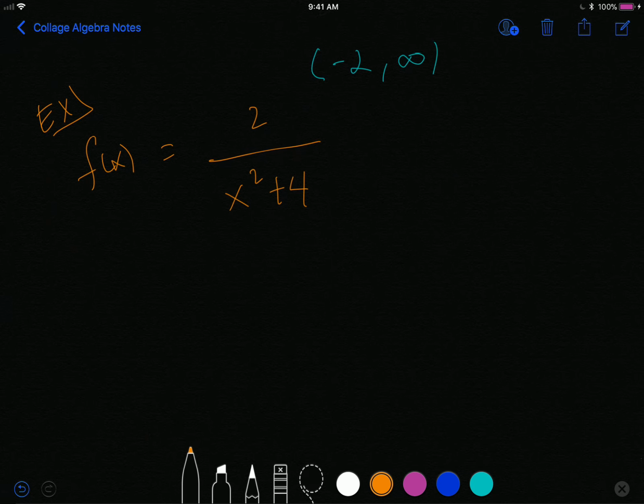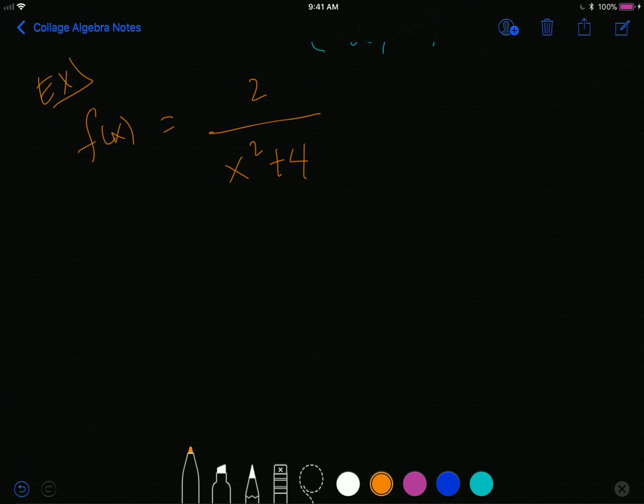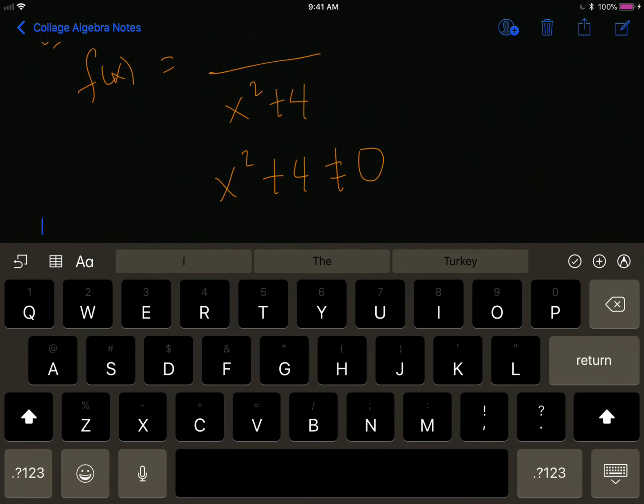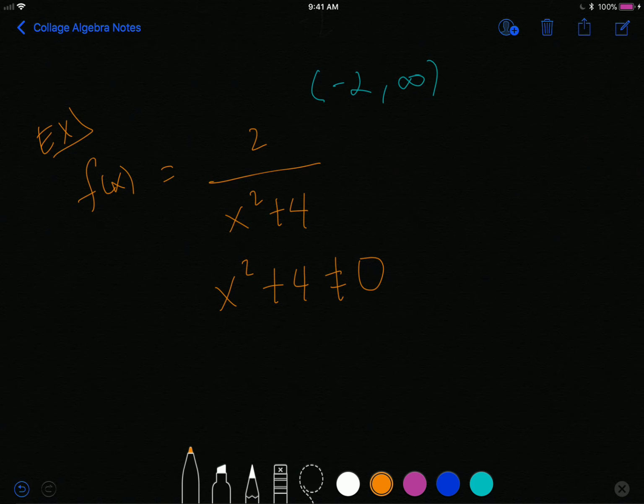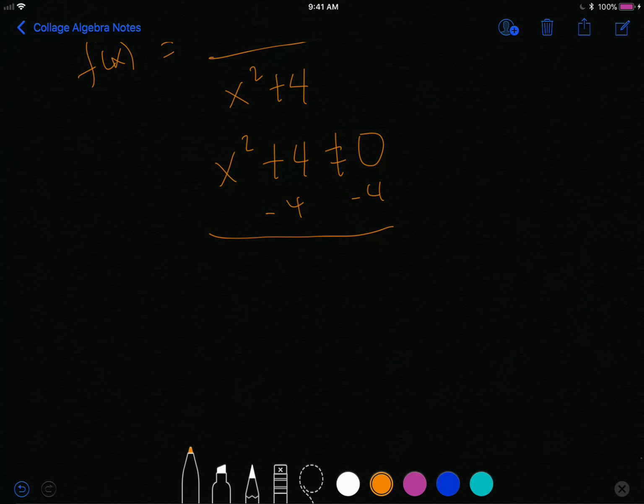In fact, the denominator cannot be equal to 0. And x squared plus 4 doesn't factor. I hope you remember that a difference of squares factors, but a sum of squares does not factor. It's prime. But if I try to solve this, subtract 4, you get that x squared cannot be negative 4. And if I take the square root, you cannot take the square root of a negative number. So no real number.